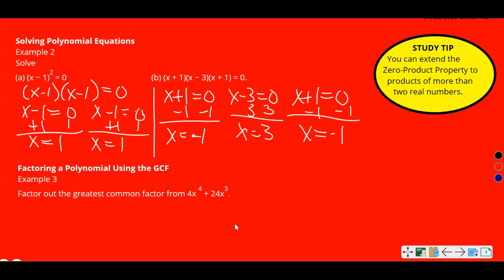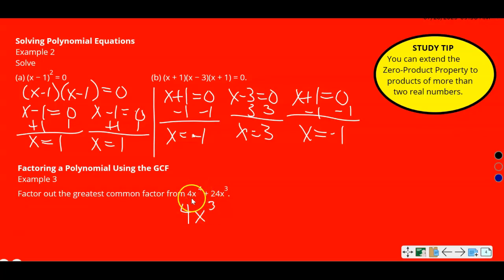So we know that we can pull out a 4, but we also have to look at the variables. So if you look at x to the 4th and x to the 3rd, you can see that your greatest common factor there would be x to the 3rd. You can pull 3 x's out of 4, but you cannot pull 4 out of 3. So 4x to the 3rd would be my greatest common factor.